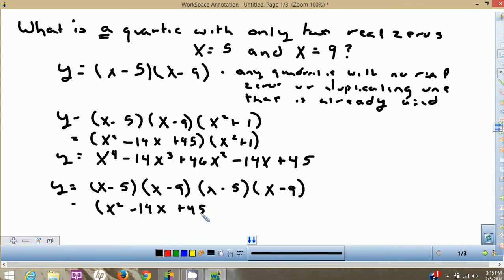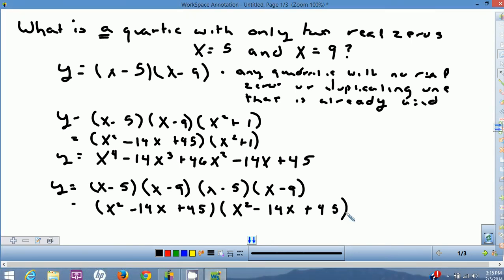I get exactly the same thing when I FOIL the second two, x squared minus 14x plus 45, and then I multiply them together, and I get this huge polynomial: x to the 4th minus 28x cubed plus 286x squared minus 1260x plus 2025.